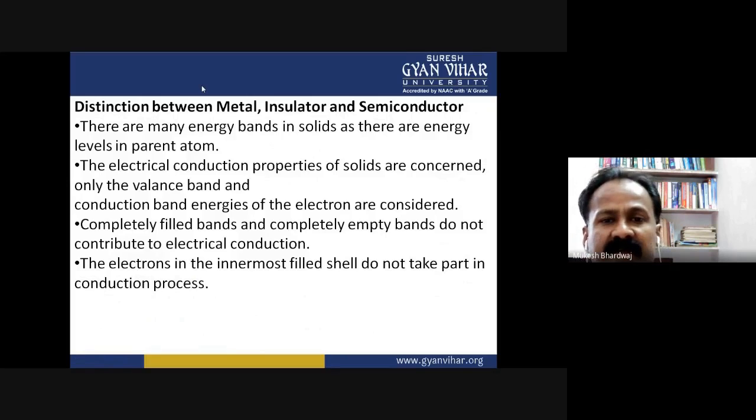There are as many energy bands in a solid as there are energy levels in the parent atom. As far as the electrical conduction properties of solids are concerned, only the valence band and conduction band energies of the electron are considered.